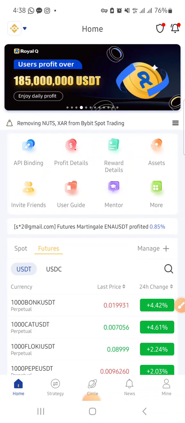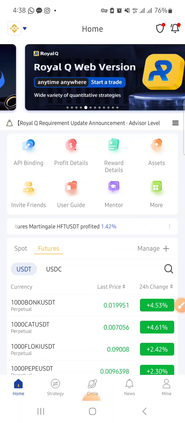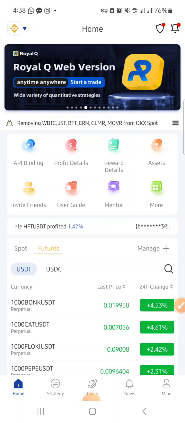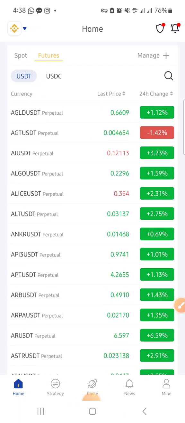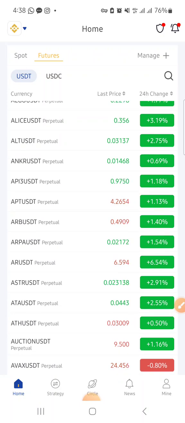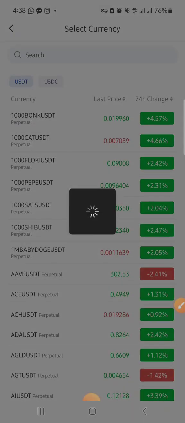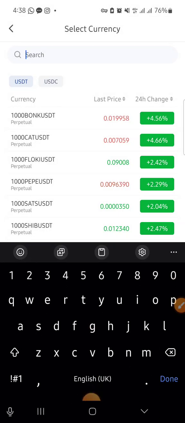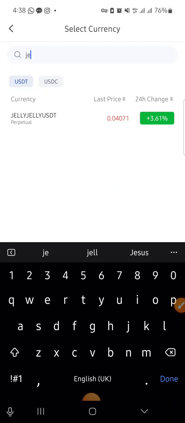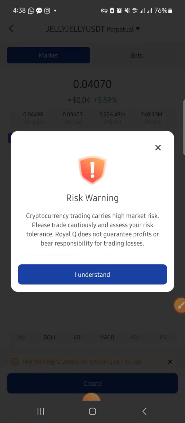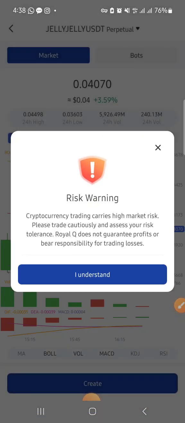All right, so we are on futures, and if you want to trade any coin in futures, all you need to do is scroll through and pick whichever one you prefer. I love to trade JELLY against USDT in futures trade. Assuming you pick JELLY, of course the platform will tell you about the risk warning.